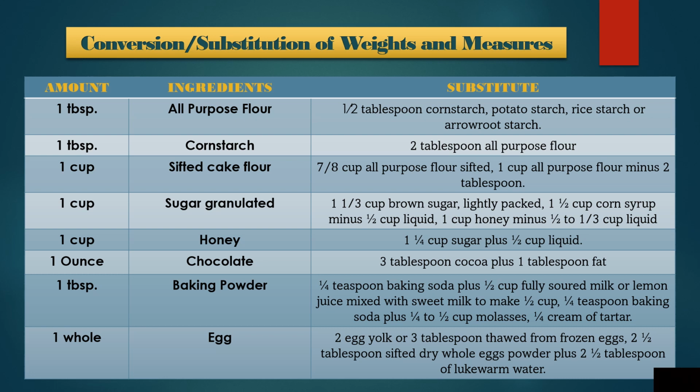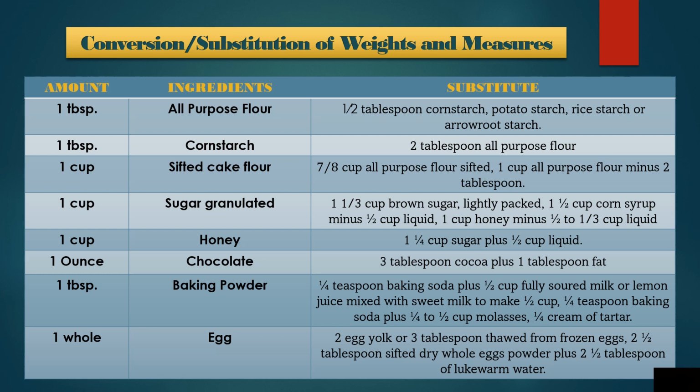Pwede natin siyang i-substitute into 1/4 teaspoon baking soda plus 1/2 cup fully soured milk or lemon juice mixed with sweet milk to make 1/2 cup, or 1/4 teaspoon of baking soda plus 1/4 to 1/2 cup molasses or 1/4 cream of tartar.